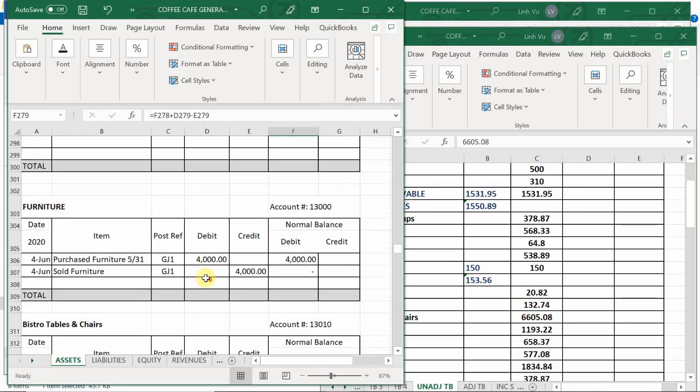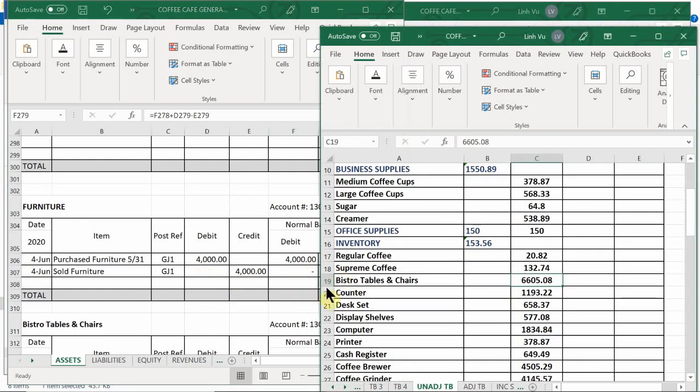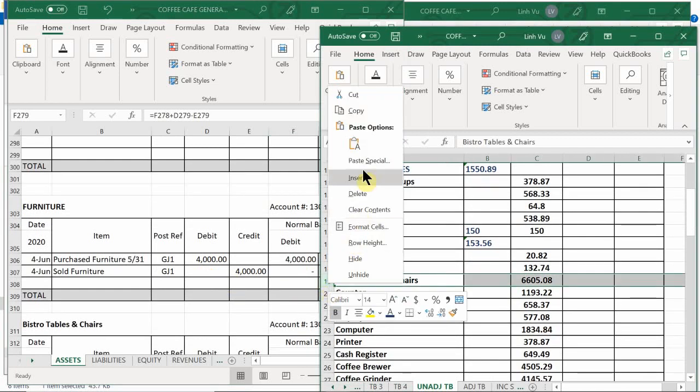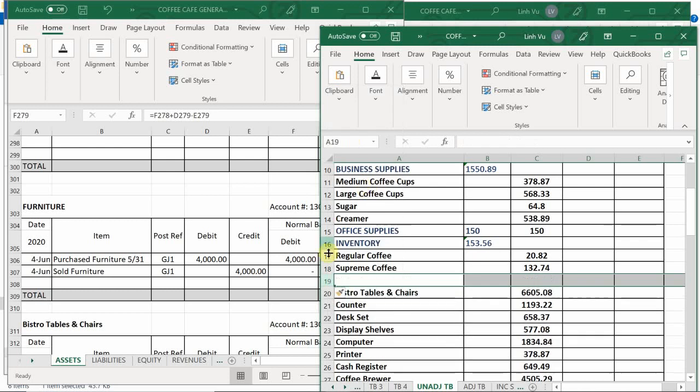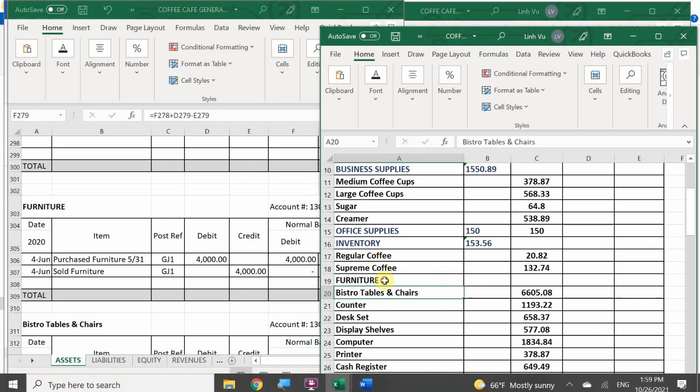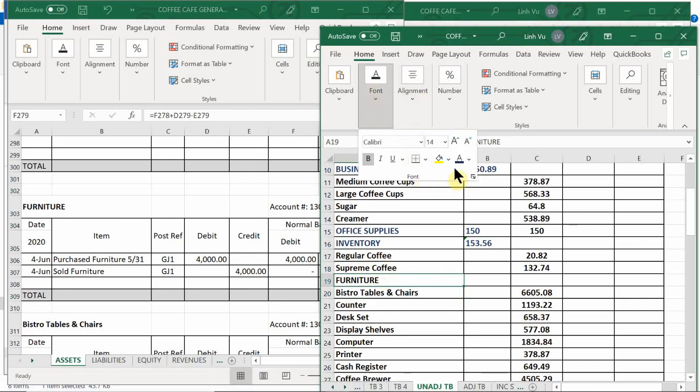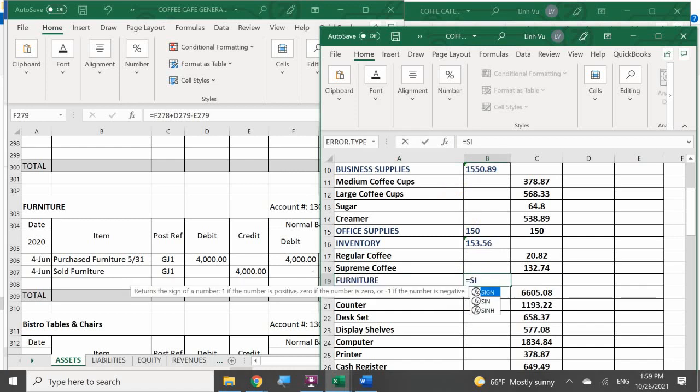So the next thing I have is furniture. That's a main account too, so I'm going to insert a row here for furniture. What's going to be included under furniture is my tables and chairs, the counter, the desk, and the display shelves, and that's all.